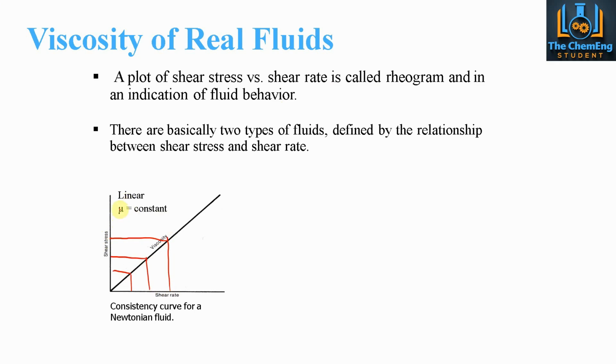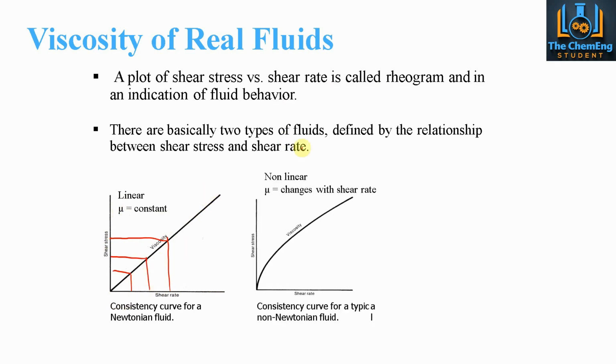What that also means is that the viscosity given by mu is constant. So it does not change regardless of how much shear rate we put on and how much shear stress we expose the fluid to. The viscosity will not change.